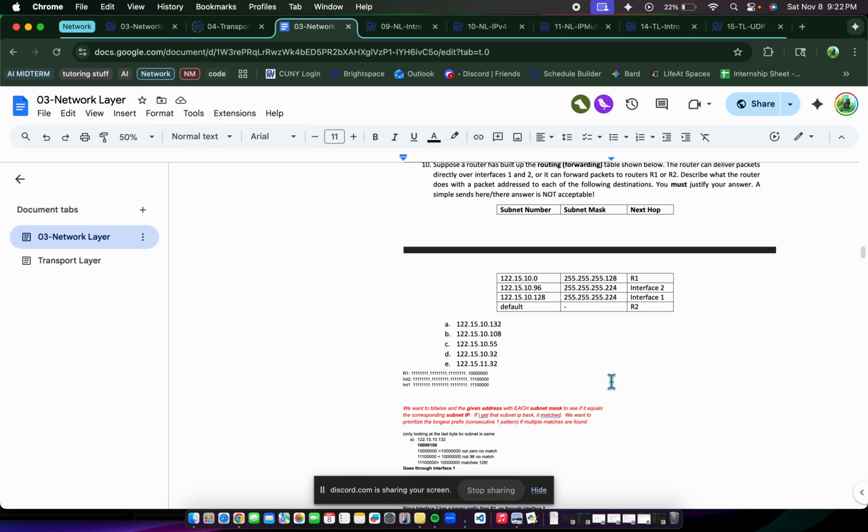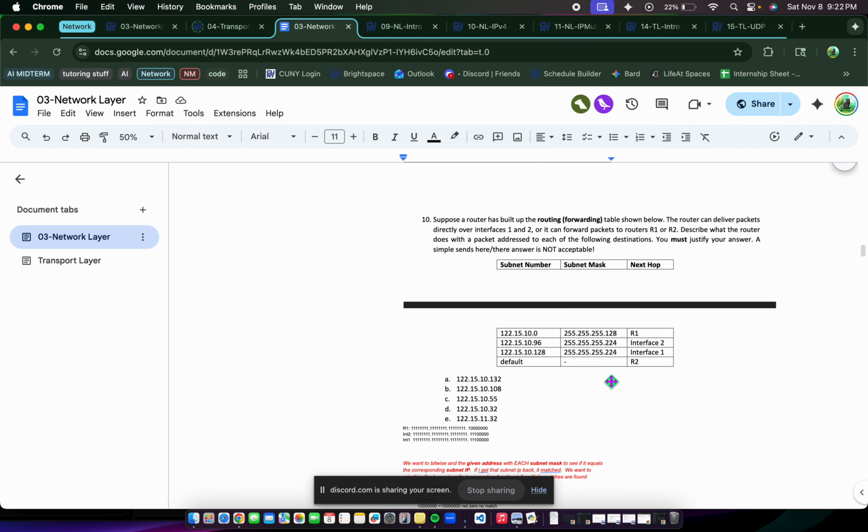So with that being said, let's do this one over here. Question 10. Suppose a router has built up the routing forwarding table shown below. The router can deliver packets directly over interfaces 1 and 2, or it could forward packets to routers R1, R2. Describe what the router does with the packet addressed to each of the following destinations. You must justify your answer.